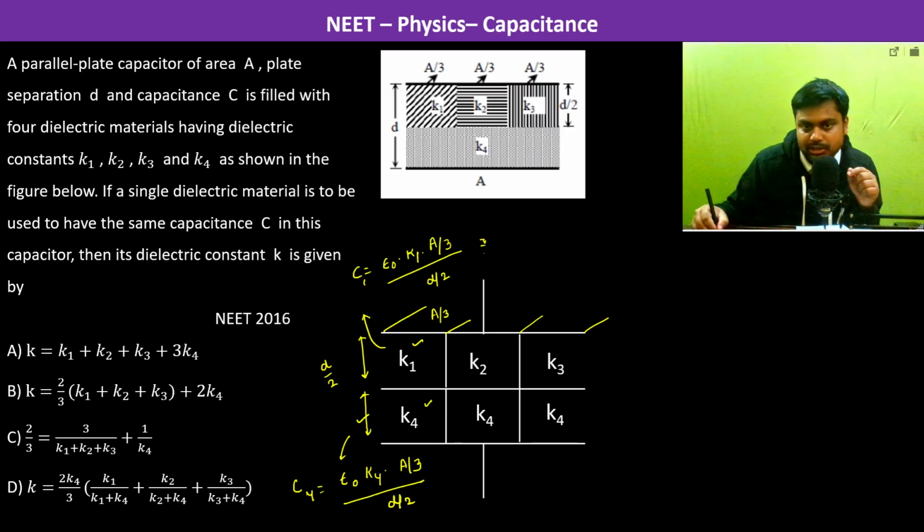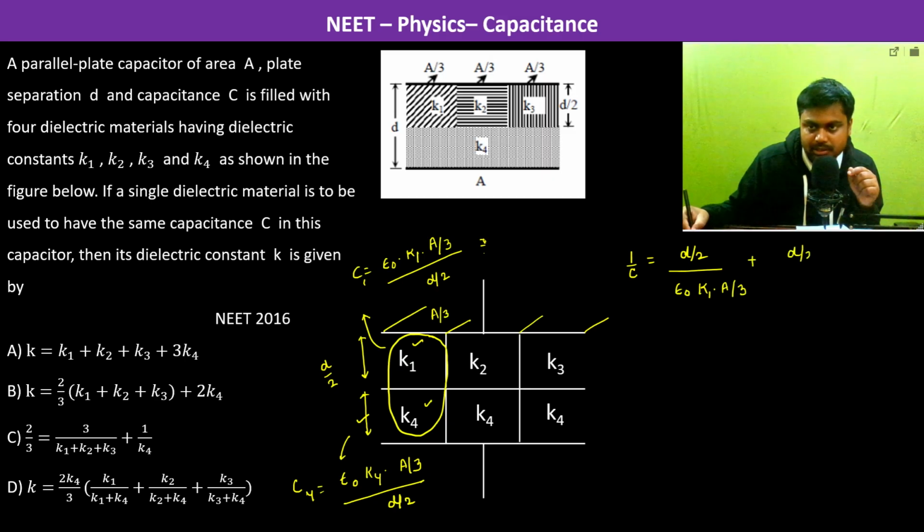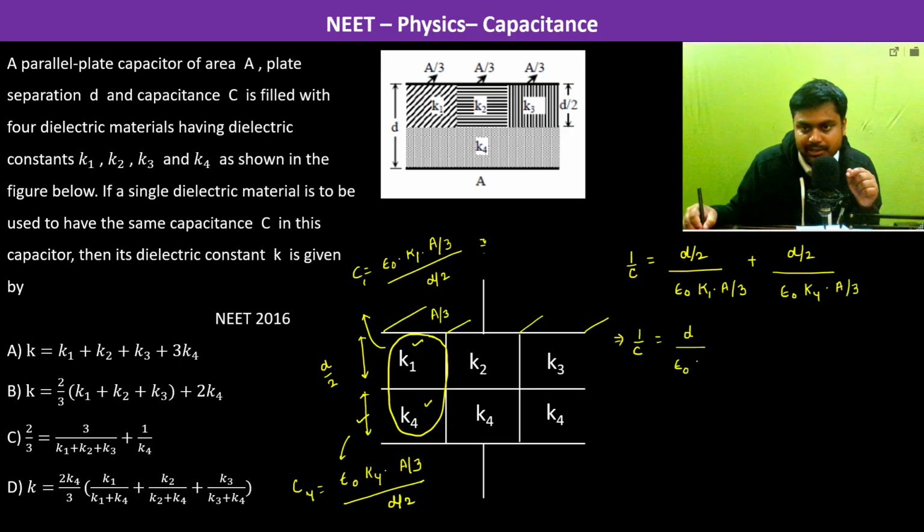So the equivalent capacitance: 1 upon C is equal to D upon 2 divided by epsilon naught K1 into A by 3, plus D upon 2 over epsilon naught K4 into A upon 3, which becomes 1 upon C equal to 3D by 2 epsilon naught A, into 1 by K1 plus 1 by K4.